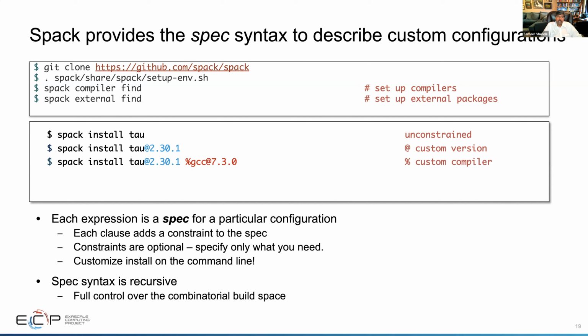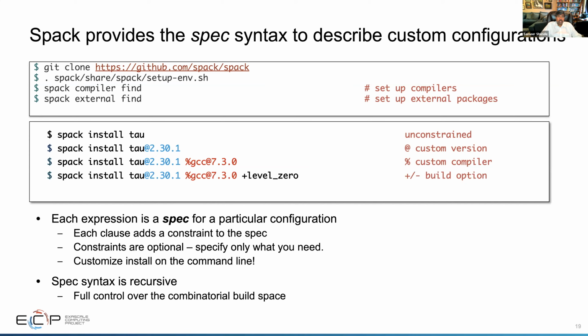Now, each spec or each file of a package recipe has some variants. You can say enable +level_zero, and this is a build option for TAU. So here, what happens is TAU's module for the Intel oneAPI Level Zero runtime will get installed.